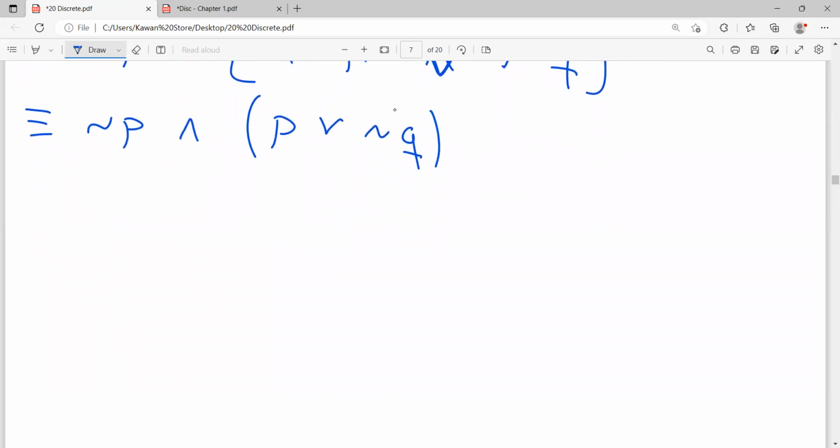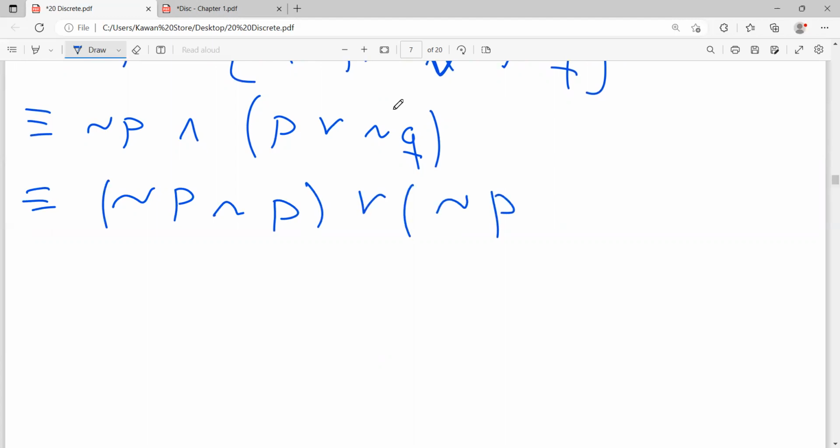Good. Then I'll get what? Negation P, now it's distribution time, distributing. And P, or negation P, or, sorry, and negation Q. Am I right? Clear? Any question? Raise your hand kindly.